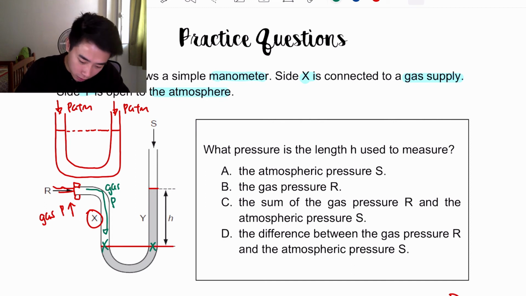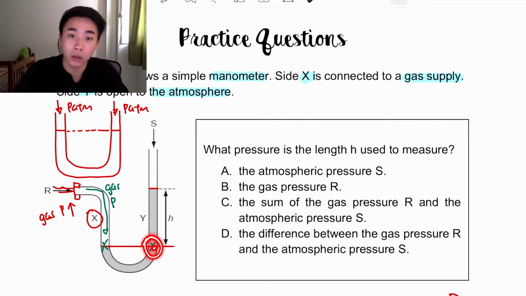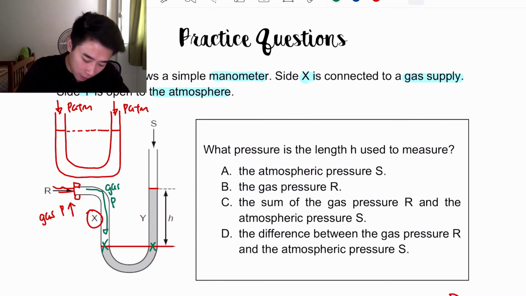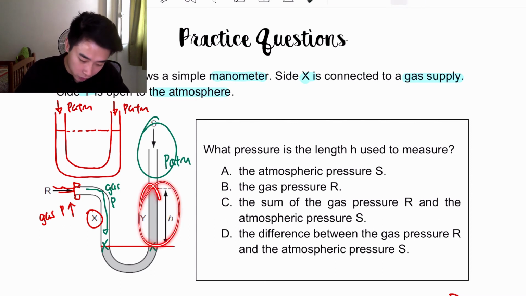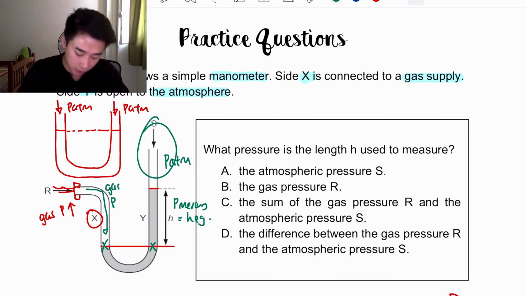However, over here, what do you think is causing the pressure at this point? Well, there are 2 things, right? So number 1 is your atmospheric pressure because it's open to the air. And the second one is actually due to this mercury column, right? So this can be found by the P of mercury, which can be found using our h rho g later.